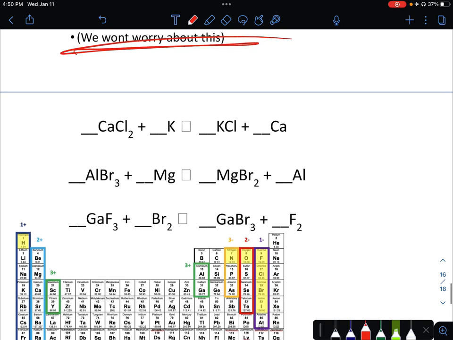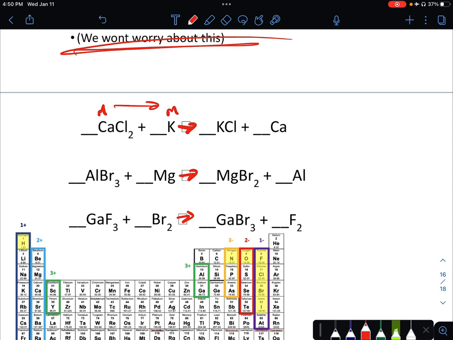So if we got these, here it's a metal, that's a metal, which means the metals are going to switch. Okay, so let's balance it. Ca has 1, Cl's got 2, K's got 1, heavy line, Ca's got 1, Cl's got 1, and K's got 1.